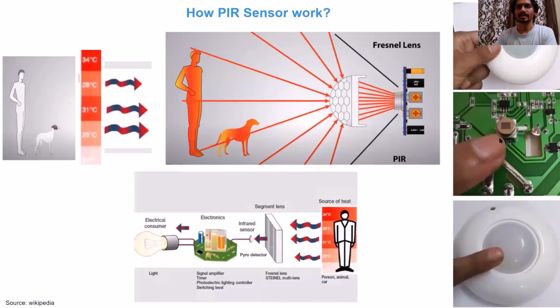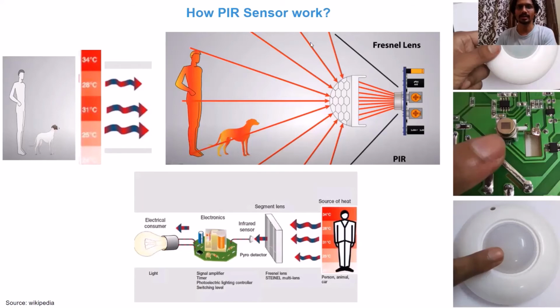Now this PIR sensor on top is covered by this plastic dome, called the Fresnel lens, which basically acts as a convergent lens. This Fresnel lens increases the detection range of the sensor. All elements, human beings, animals, or any object which have a temperature in this regime, emit heat energy in the form of radiation.